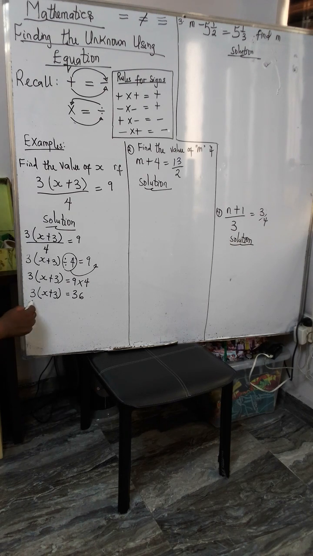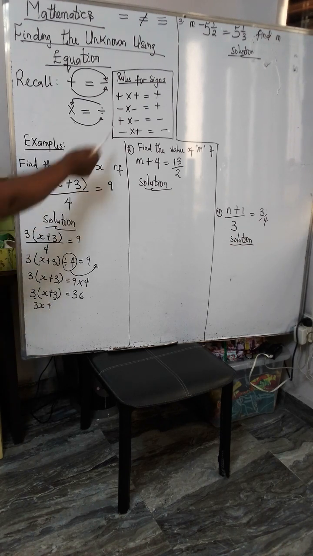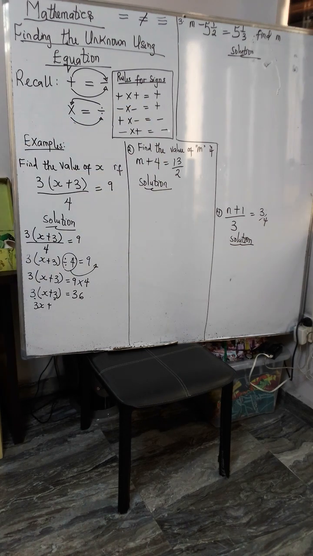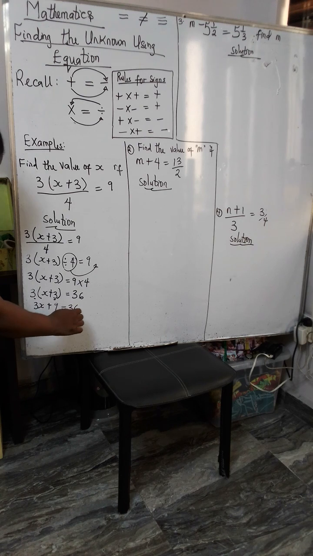So this is 3x plus 3 times 3. Of course it is plus, because plus times plus is plus. So this becomes plus 9 equals 36.